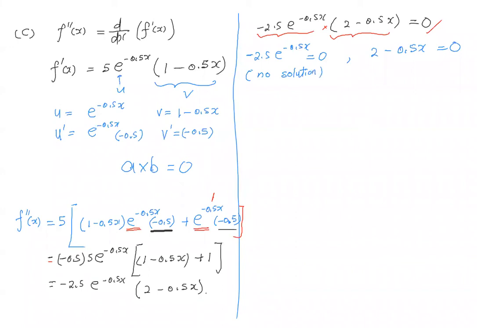Right side is 2 minus 0.5x equals 0. So x equals to 4. Or divide. Okay.